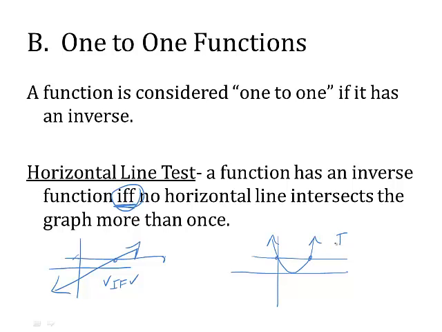So an inverse function does not exist, okay? An inverse exists, but it is not a function, and that's a difference you don't need to worry about right now. I just want you to look at the horizontal line test. Does it pass or does it fail? If it passes, it's considered one-to-one. If it fails, it is not.